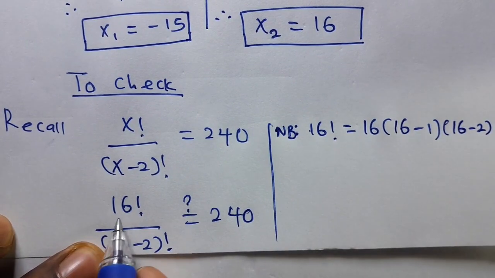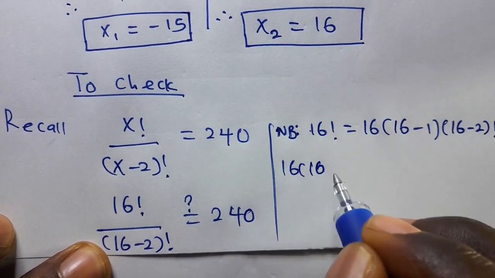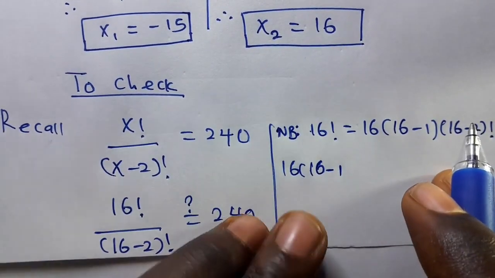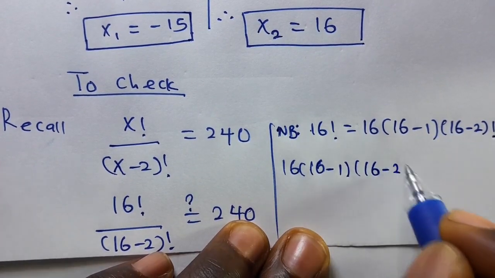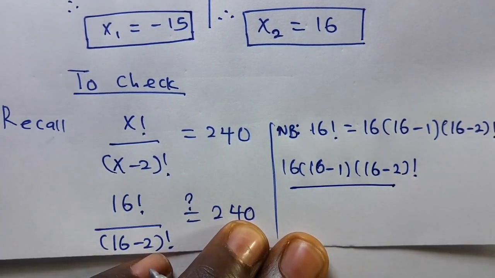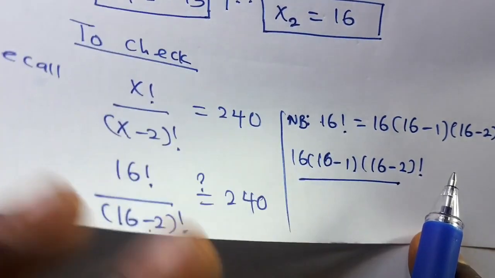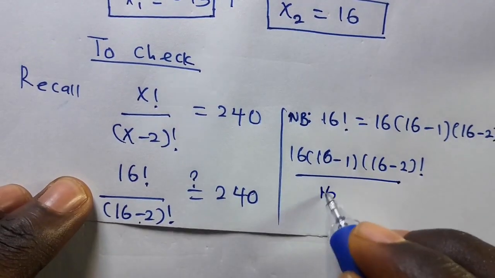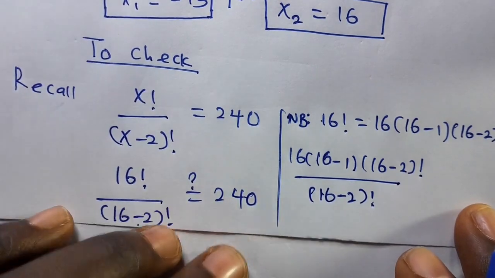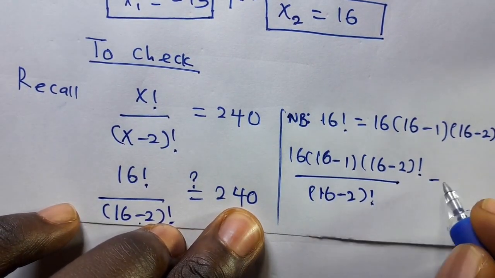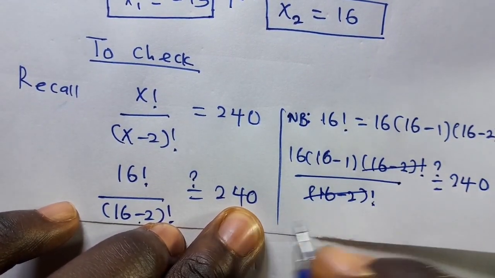Now let's substitute the expression here. We're going to have 16 into (16 minus 1) multiplied by (16 minus 2) factorial, divided by (16 minus 2) factorial. So from here, is it going to equal 240?